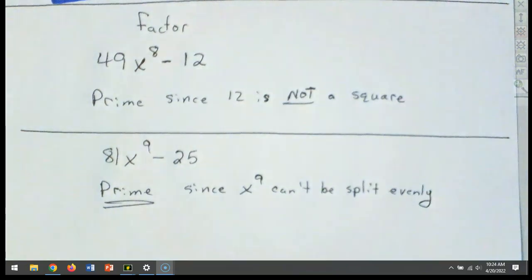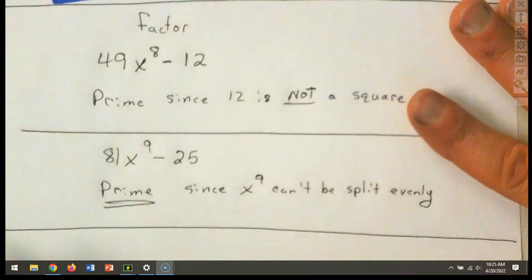And x to the 9th, I cannot split in half. I can split into 4 and 5, but I can't split up where they're the same. If that would have been x to the 8th, I would be able to factor it, because in x to the 8th, I could factor that down into 4 and 4, right? X to the 4th, x to the 4th. So that one's prime because of that.